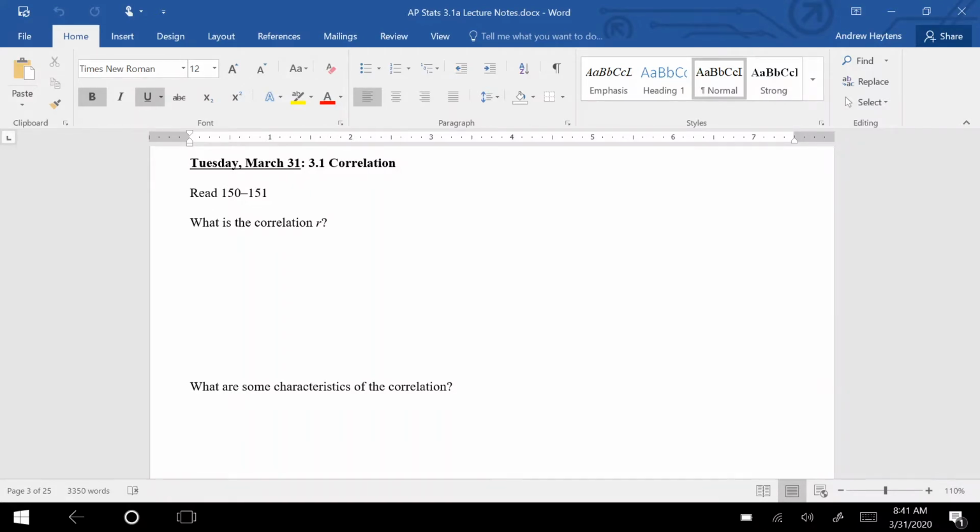If you think of the word correlation, it basically means how closely things are together, or how they are related.